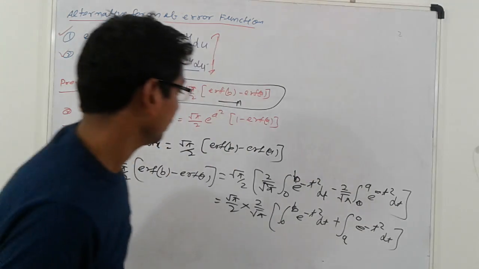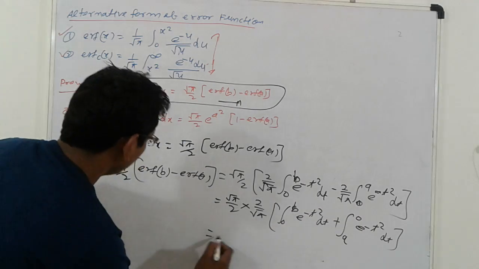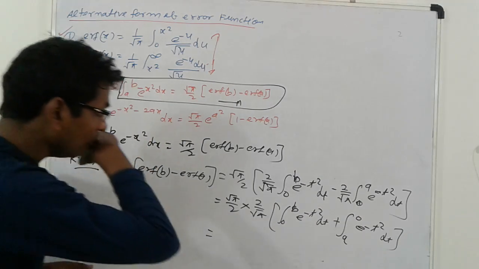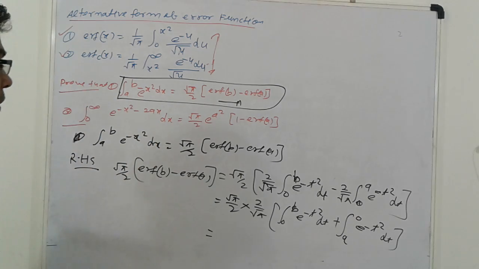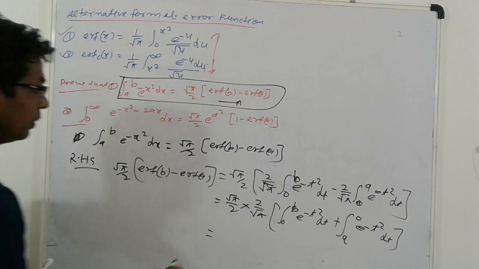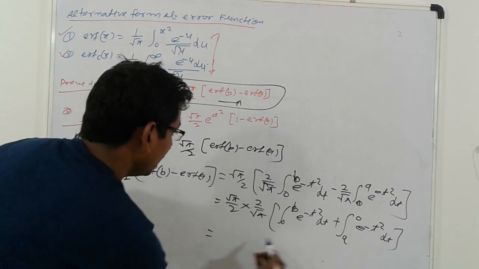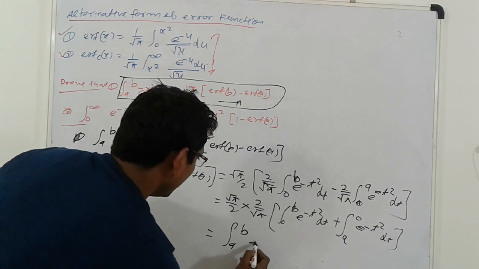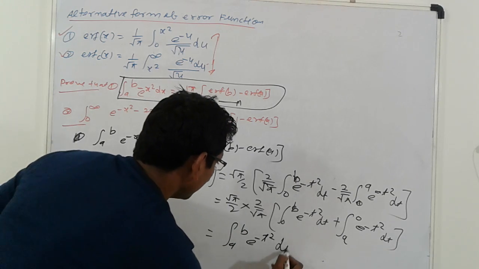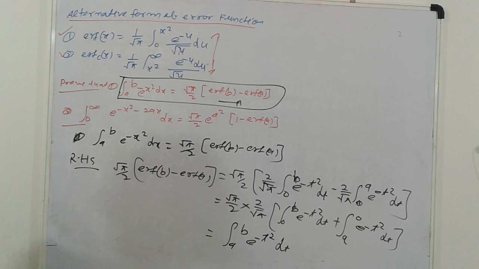Both are combined, so we get a to b e raised to minus t square dt.